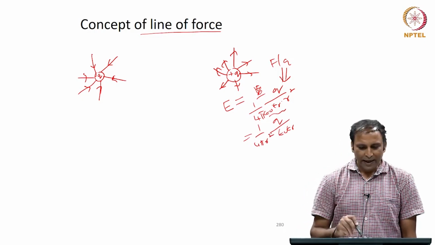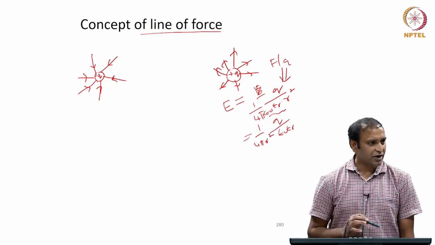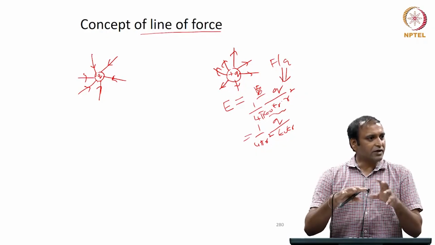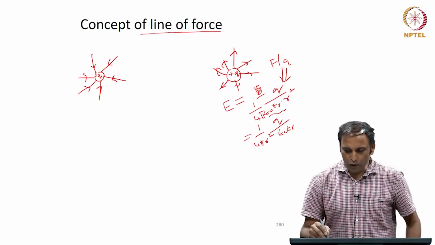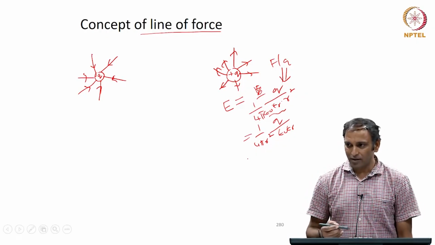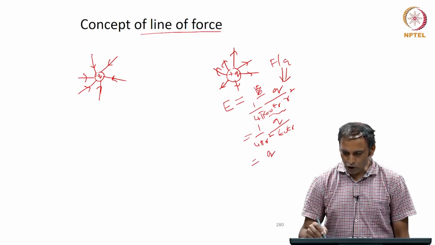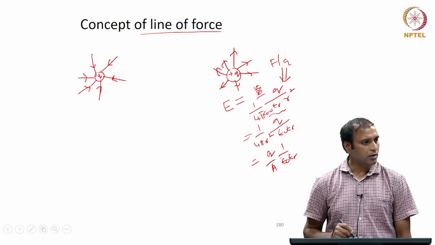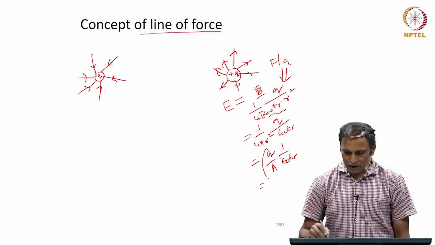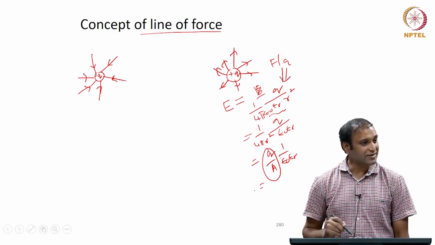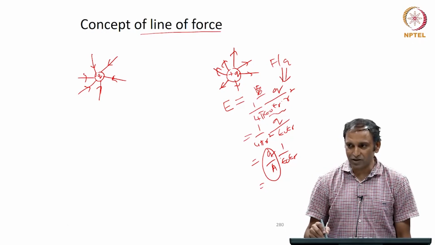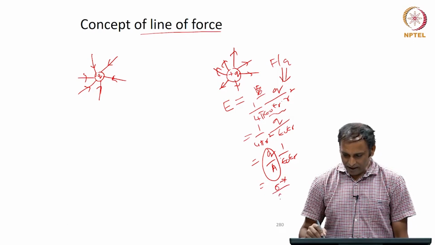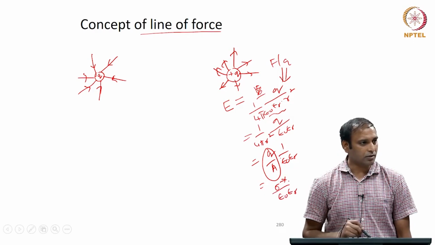Instead of assuming a point charge, if I assume that the charges are located on the surface of a sphere, this 4 pi r square gives me the area. Therefore, I can write this as q divided by A into 1 over epsilon naught epsilon r. This q divided by A is essentially the surface charge density, the number of charges divided by area, so it is going to be sigma star divided by epsilon naught epsilon r.